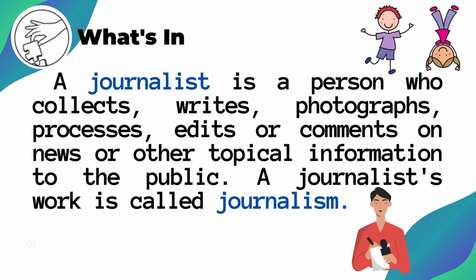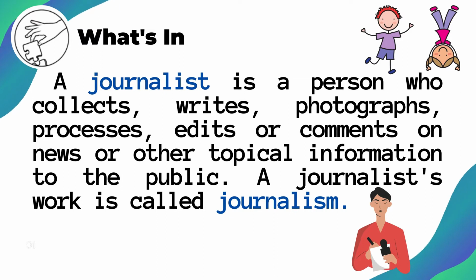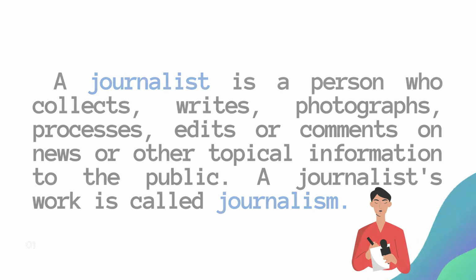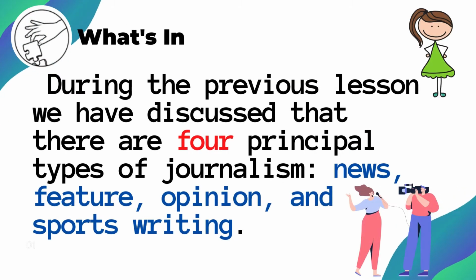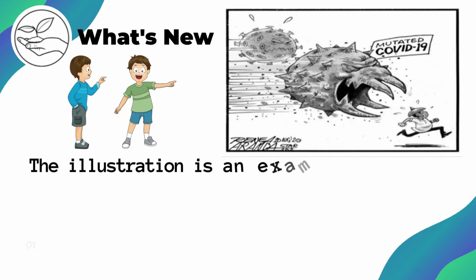A journalist is a person who collects, writes, photographs, processes, edits, or comments on news or other topical information to the public. A journalist's work is called journalism. During the previous lesson, we have discussed that there are 4 principal types of journalism: news, feature, opinion, and sports writing. Let's go to what's new.